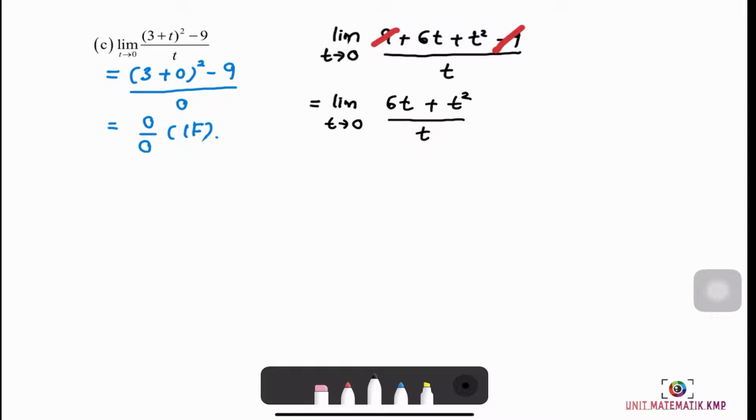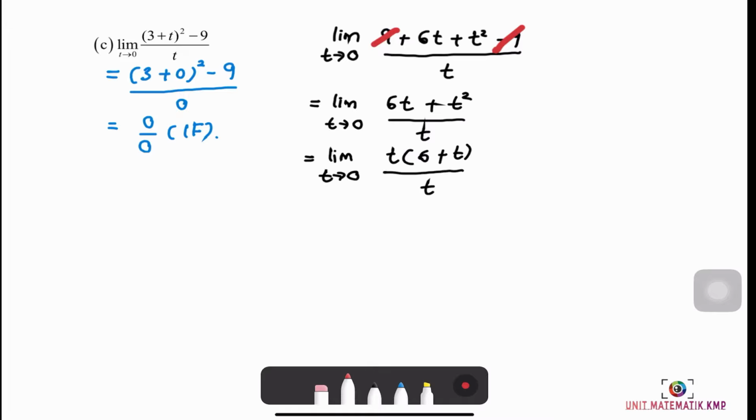What we can do is factorize t from the numerator. So we have t(6 plus t) over t when t approaches 0.